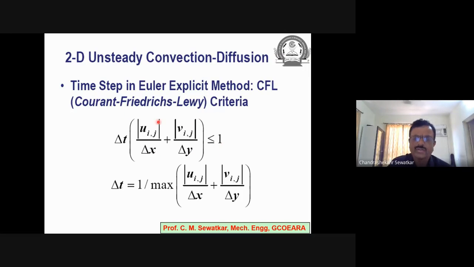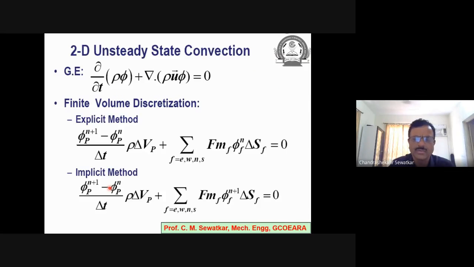If this is followed, then only my solution will converge, else my solution will diverge if I am using an explicit method. We have already seen the advantages and disadvantages of explicit and implicit methods, so I need not go through that again. From this equation, I can always calculate delta t and make use of that delta t in this expression to obtain the new value of phi p.